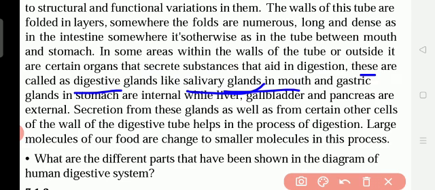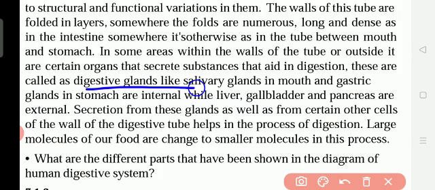Underline this point. Which ones help for digestion? Digestive glands: salivary glands, gastric glands, and the liver, gallbladder and pancreas. All these glands help for digestion.